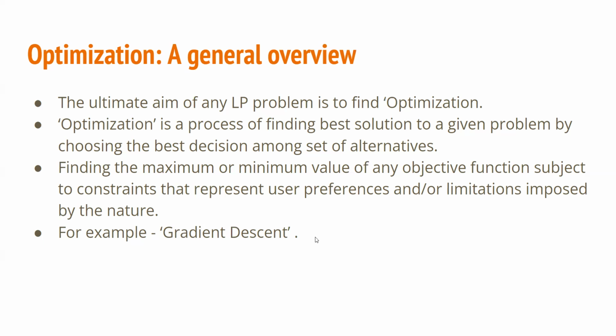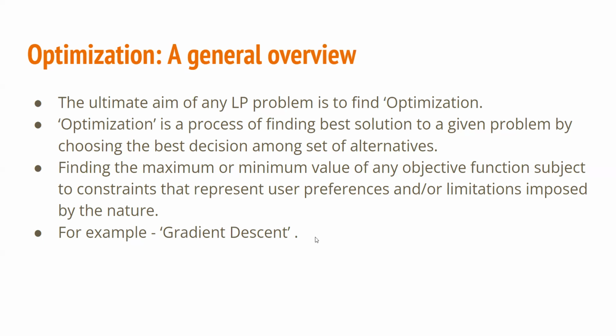It's a naturally imposed limitation which we can face in any real life case studies. So, by taking care of all these constraints, we have to optimize the objective function, and that is the goal of linear programming, I mean, solving any linear programming problem.